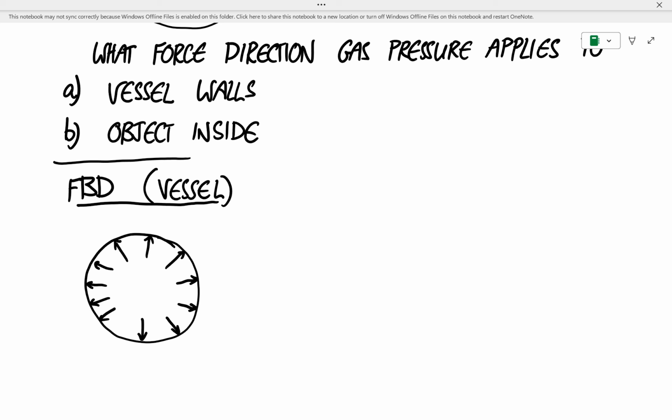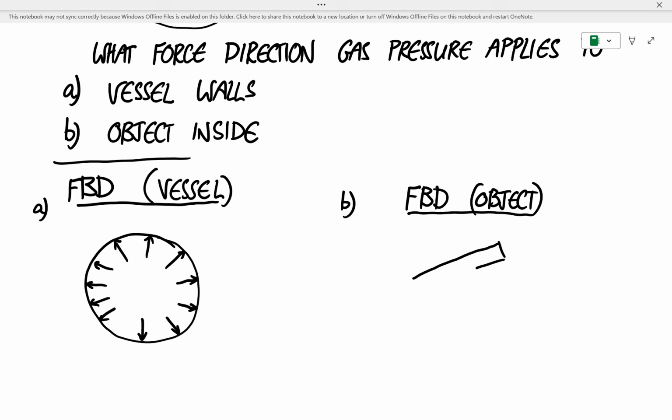So this is for part A. For part B, if we draw a free body diagram of the object, it's going to be perpendicular to this. Pressure can only apply forces toward the object, so those are the directions of the forces.